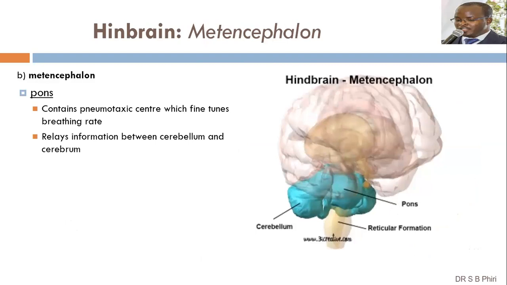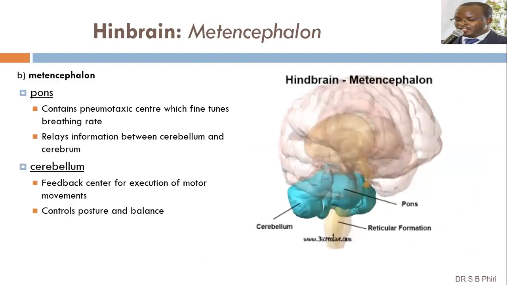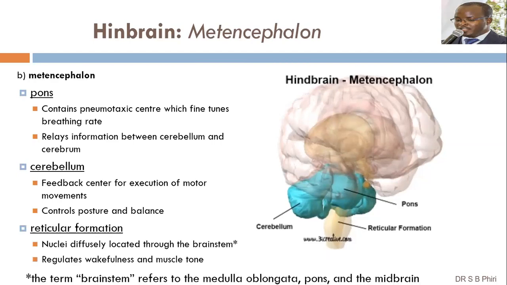Then it also relays information between the cerebellum and the cerebrum. The cerebellum is a feedback center for execution of motor movements and also controls posture and balance. When you're talking of posture and balance, that's the function of the cerebellum. So coordination of motor function with regard to posture and balance.